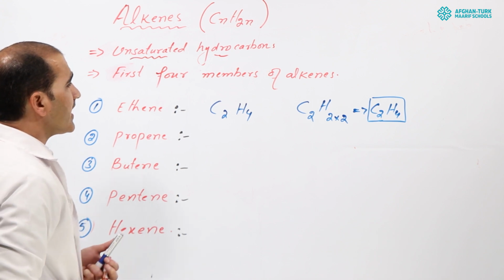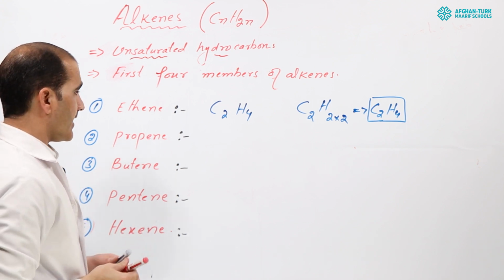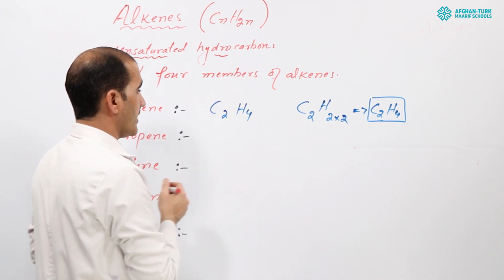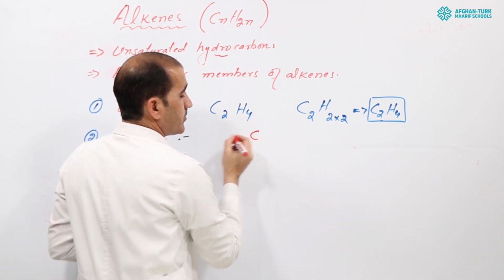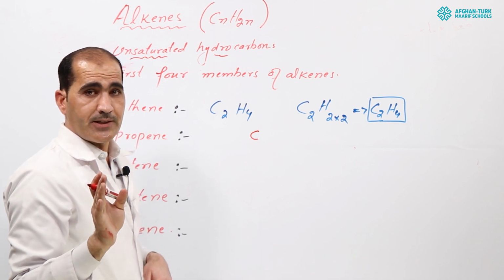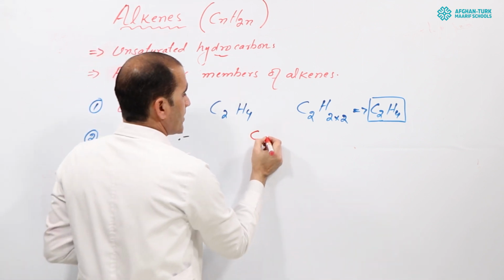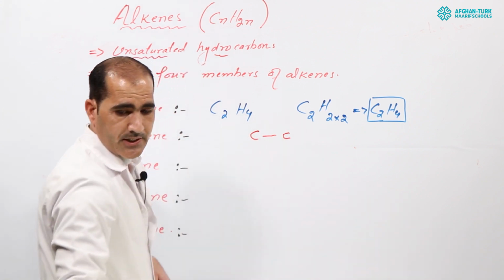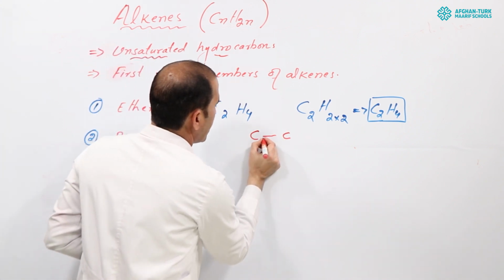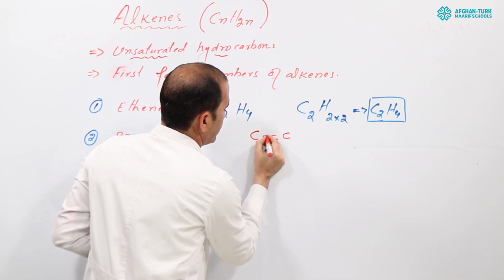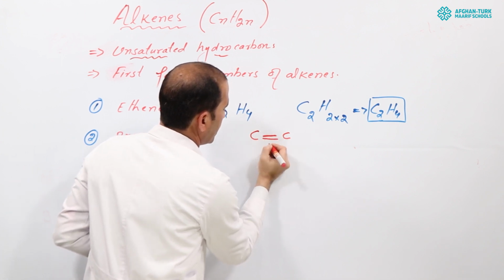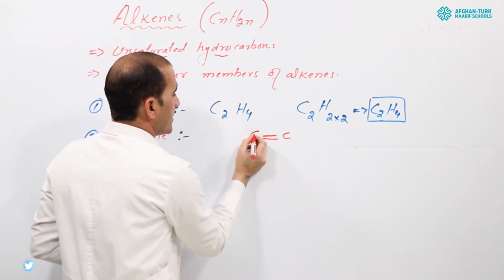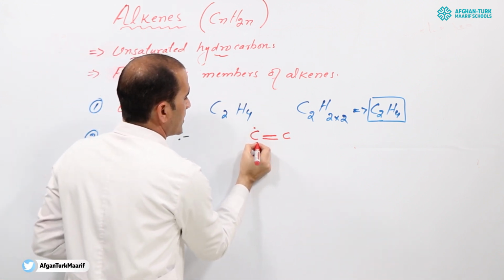Now you can also draw their structural formula very easily. There are 2 carbons here, and there must be a double bond between the 2 carbon atoms. Each carbon has 4 electrons in the last shell.